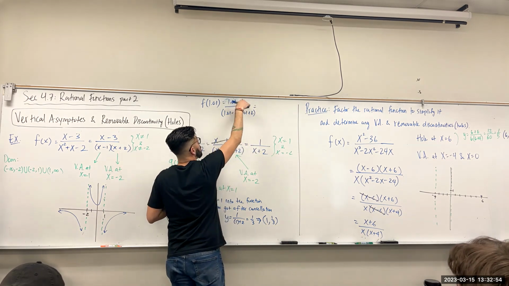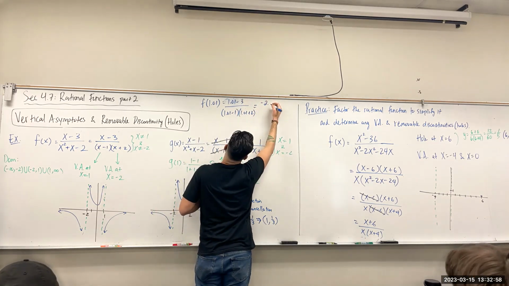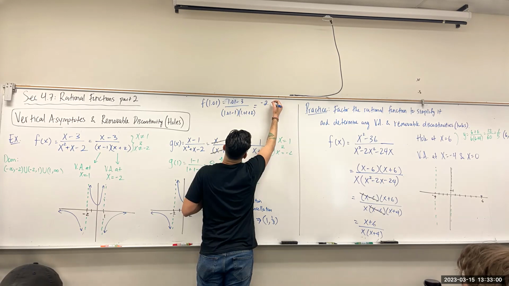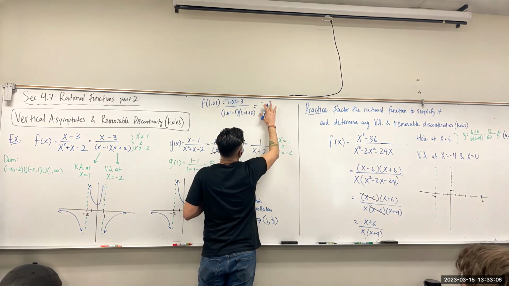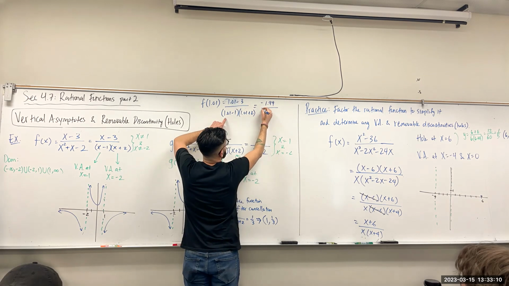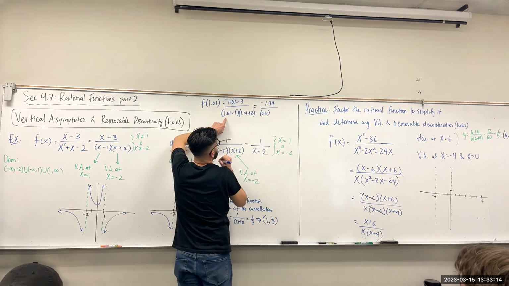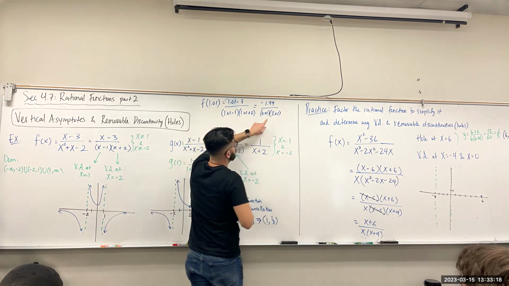Help me out here. What is that going to give me? Negative 1.99. Thank you. Over 0.01 times 3.01.